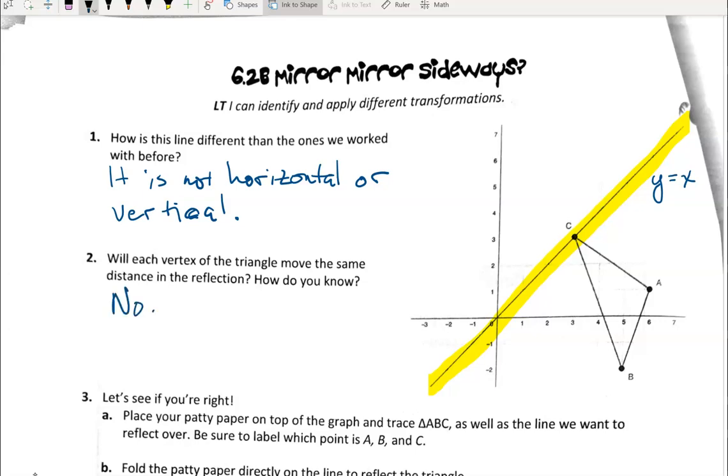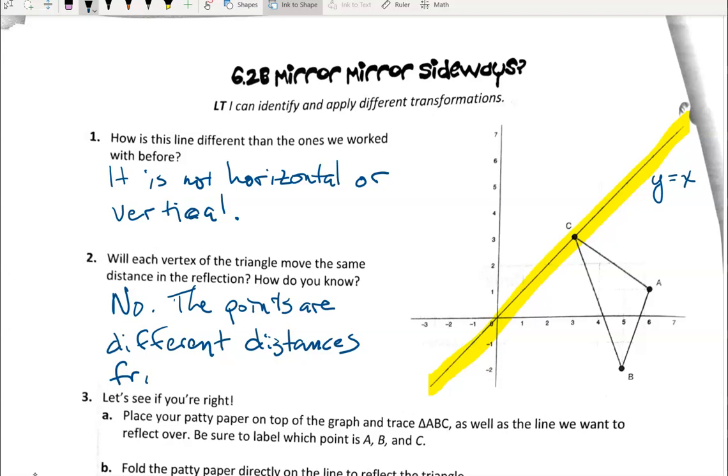No. The points are different distances from the line. Okay.